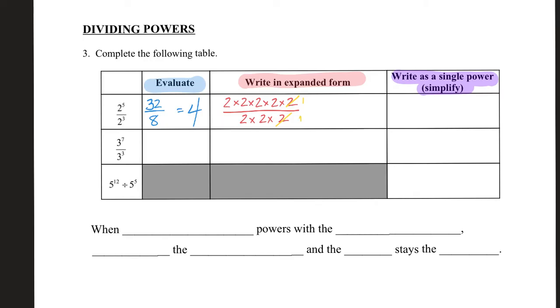But I could also divide another factor of 2 out of the top and the bottom. And divide another factor of 2 out of the top and the bottom. Now I have no more division operation. All I'm left with is my 2 times 2 on top. And if I have to write that as a single power, 2 times 2 is 2 squared.